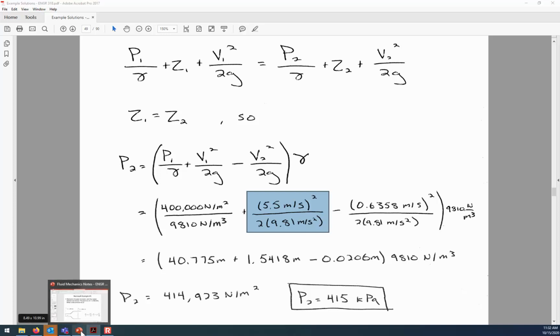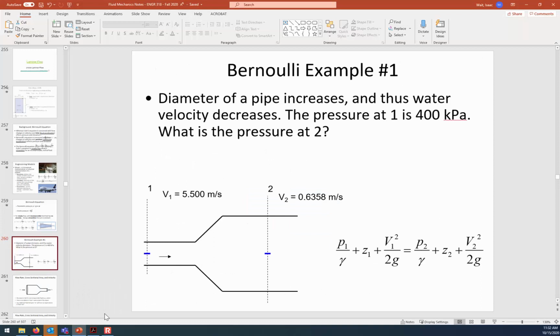Now remember, if you were to actually do this experiment in the lab, Bernoulli's equation wouldn't perfectly estimate the pressure at 2, because in the real world, we wouldn't be applying this in a way that completely satisfies the assumptions made by Bernoulli's equation. For instance, water isn't an inviscid fluid.